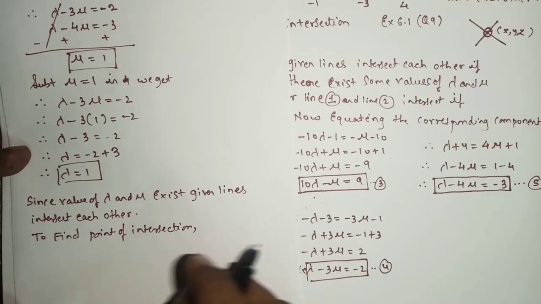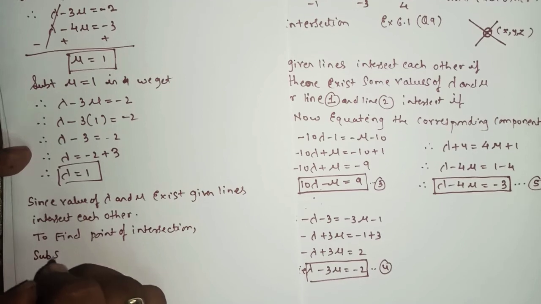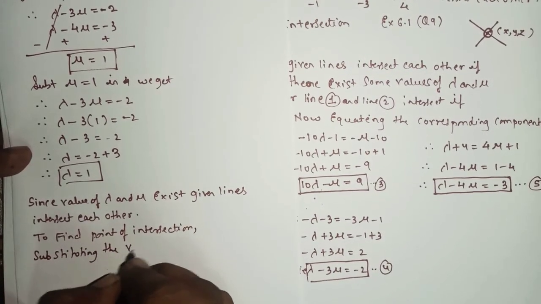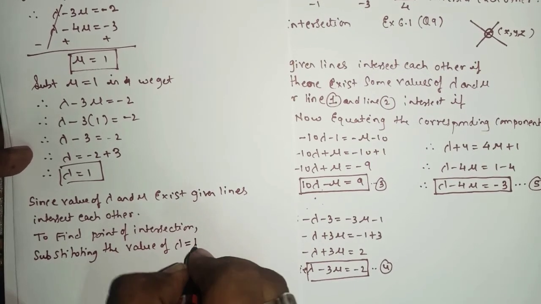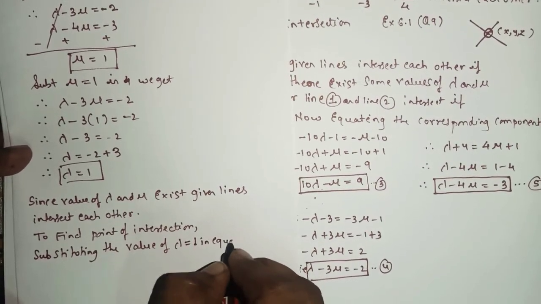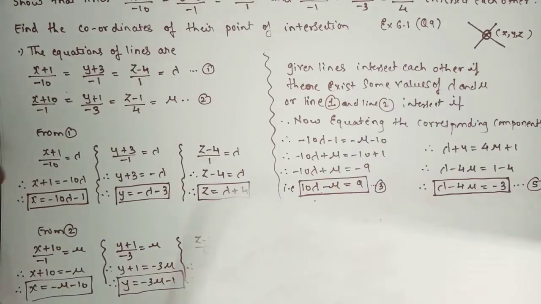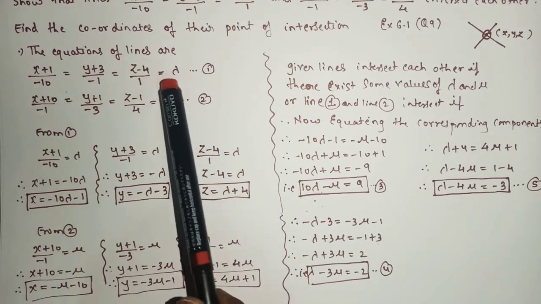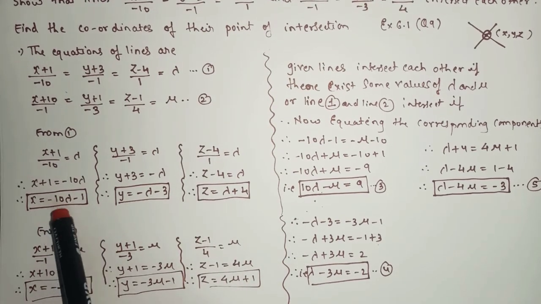just to find the point of intersection, simply you will substitute the value of lambda equals 1 in equation number 1, or else you can substitute here also.